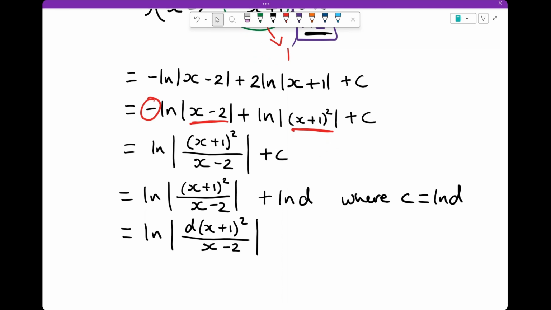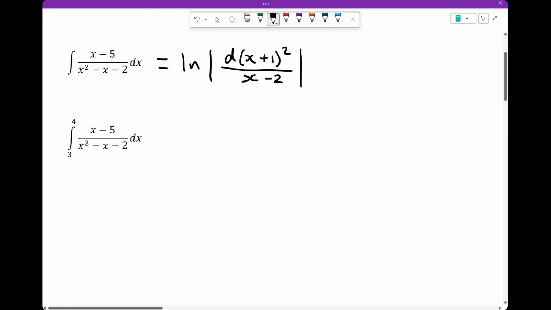Now let's consider a definite integral based off the working I've done so far. So now we've got ourselves a definite integral reflected by the fact that we have limits on our integral written here. But we do have the same fraction as the previous question, so we can make use of what we've done.